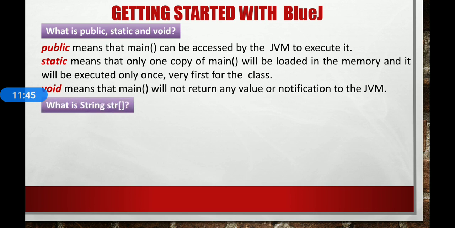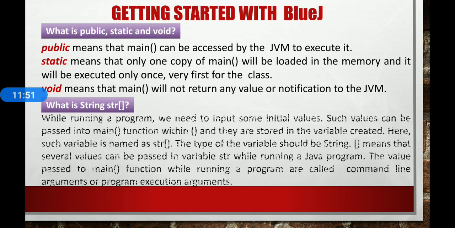Now let's see what is String[] str in the main function. Sometimes while running a program, we need to input some initial values. Such values can be passed into the main function within parentheses, and they are stored in the variable created. Here, such variable is named as str.